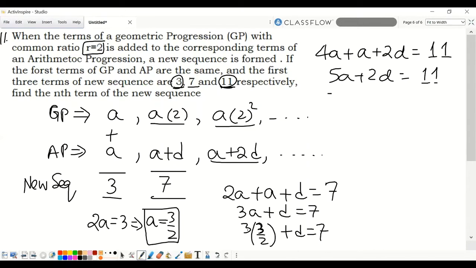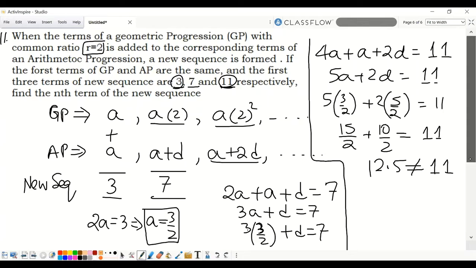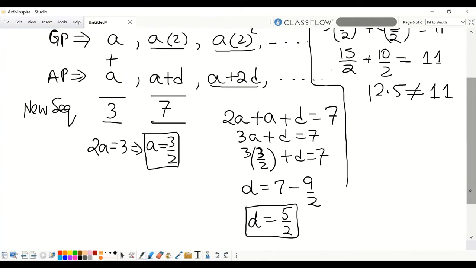Let's see, 5 times 3 over 2 plus 2 times 5 over 2 equal to 11. So 15 over 2 plus 10 over 2, and this comes out to be 12.5, which is not equal to 11. That means there is a problem with the question, and the people who formed it did not take much care because it was not needed at all.